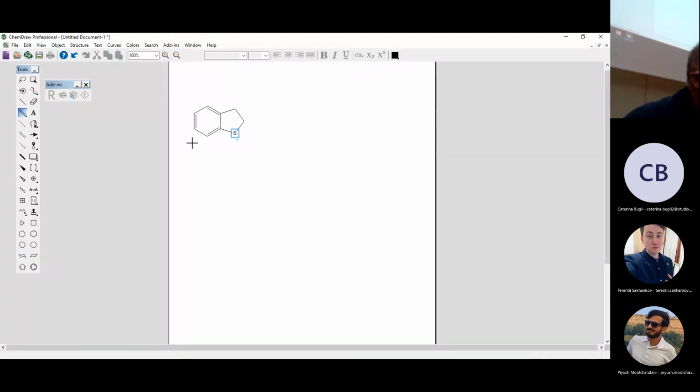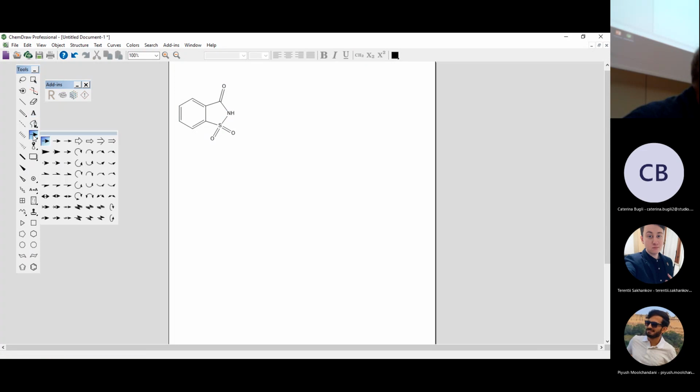And then, oxygen, NH in this position, and then here the oxygen in this position. Okay, what happens with a strong base here?